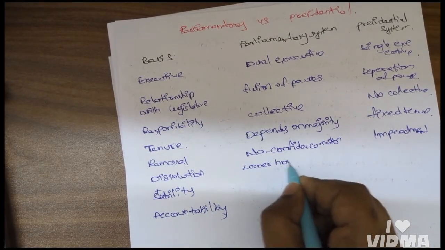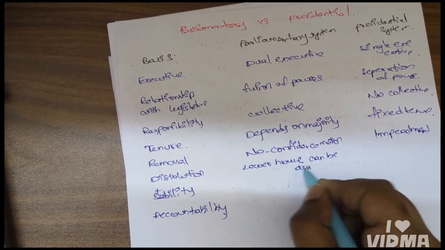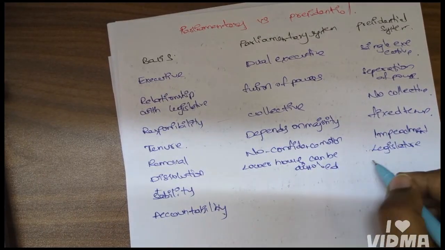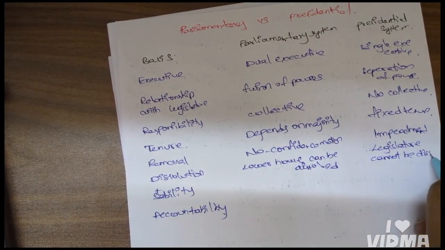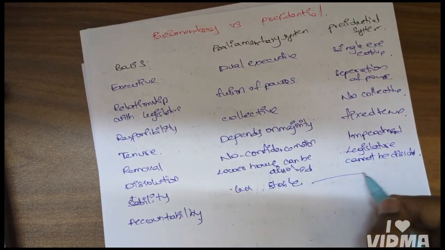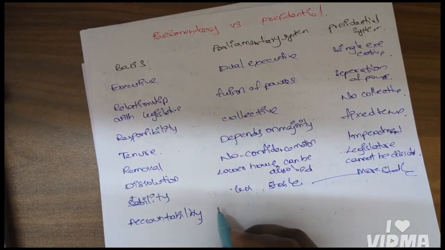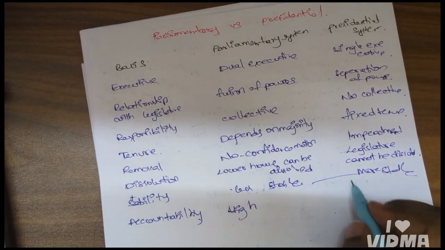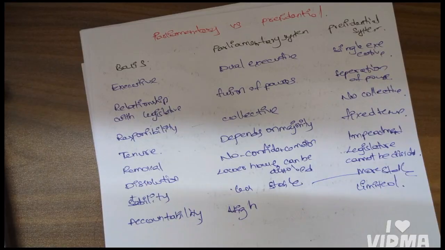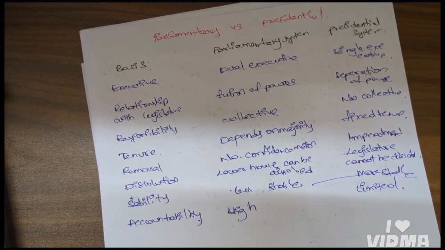And next, dissolution of lower house can happen, and in presidential system legislature cannot be dissolved. Stability, parliamentary system is less stable, and presidential system is more stable. And accountability, parliamentary system has a high accountability, and presidential has very limited, periodic accountability.